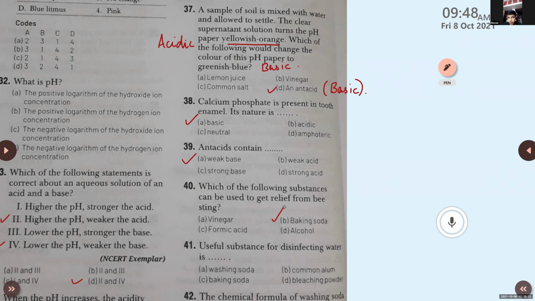Bleaching powder. We usually add this bleaching powder to purify our water in our wells, right? Yes, because it contains chlorine. So it will purify the water.